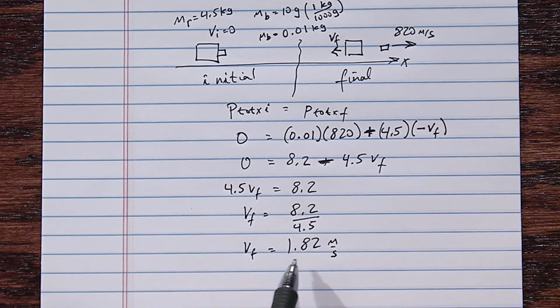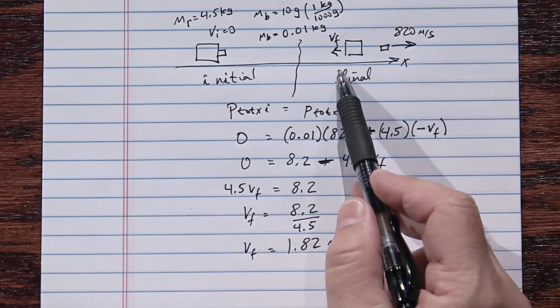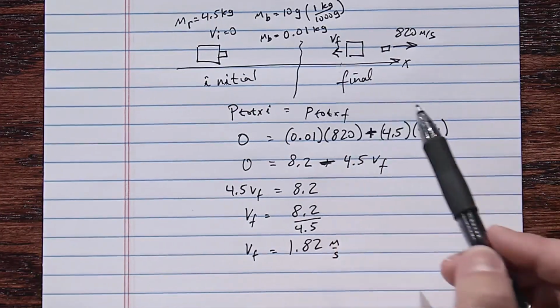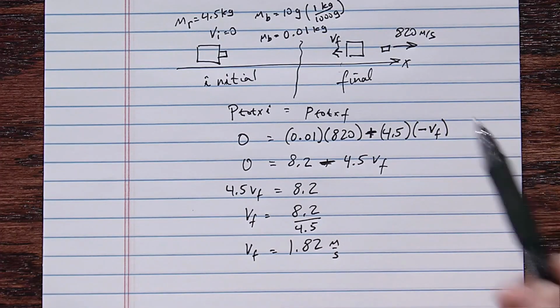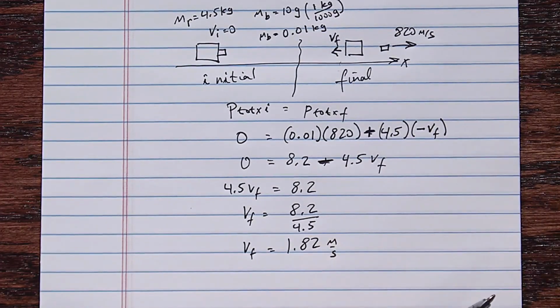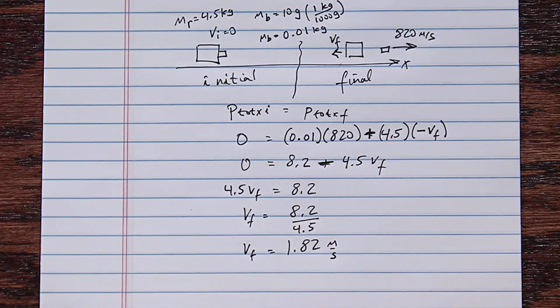And so since we got a positive number, we know that we did pick correctly in the direction that the rifle would be moving finally. In other words, it's moving in the direction opposite the bullet, at a speed of 1.82 meters per second.